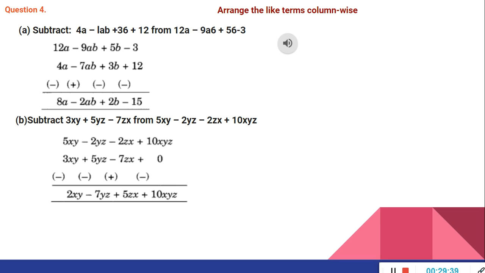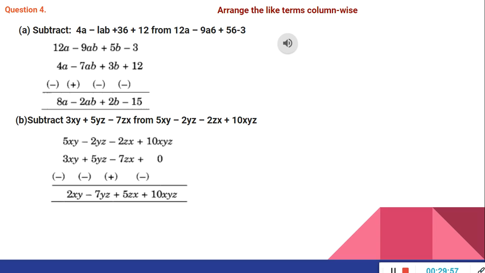Here also second line we have to change the sign. 3xy is positive, so it will change as minus. Plus 5yz will change as minus 5yz. Minus 7zx will change as plus 7zx. Now solve.